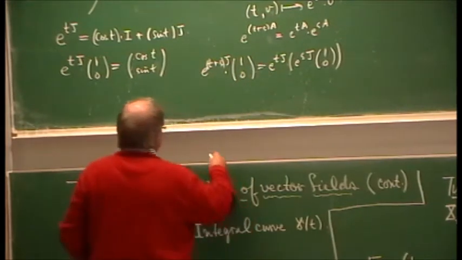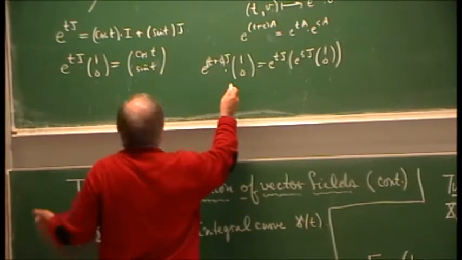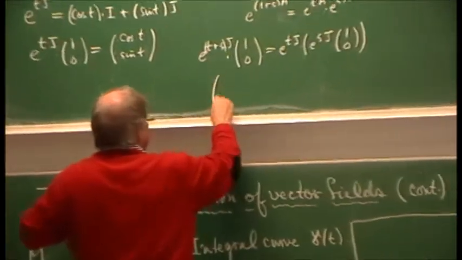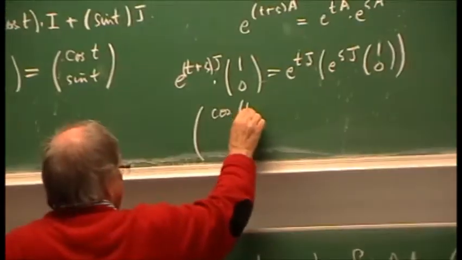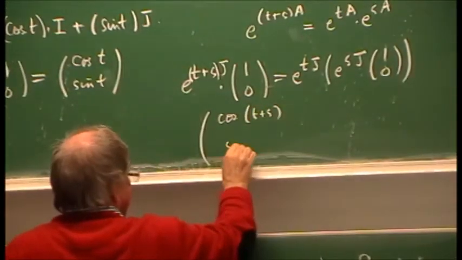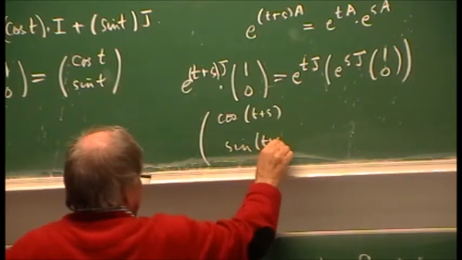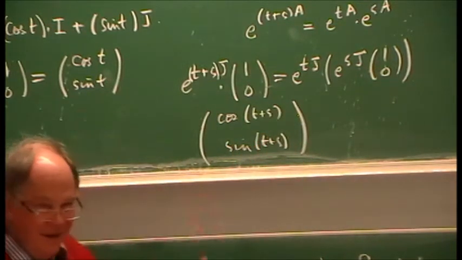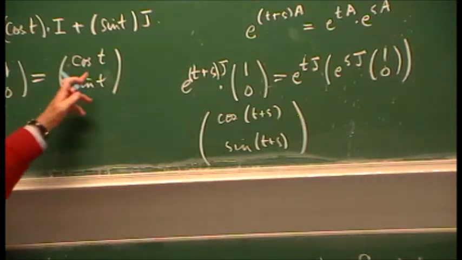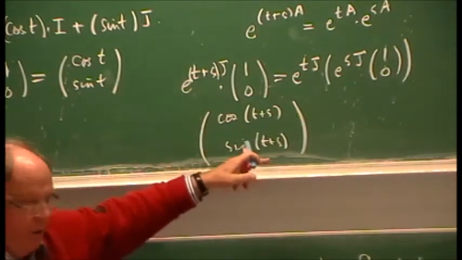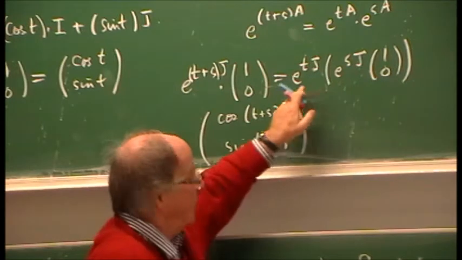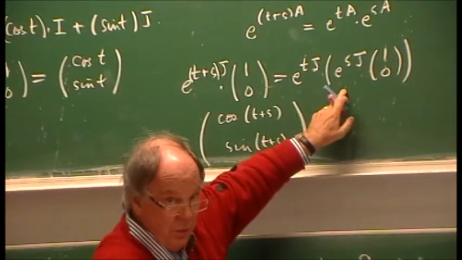And on the left-hand side, you can guess what you have. Well, you don't need to guess, I just wrote it for you. You will write cosine of (t plus s) and sine of (t plus s). Whatever you put here, you just get it. But on the right-hand side, you have to do this twice, right?